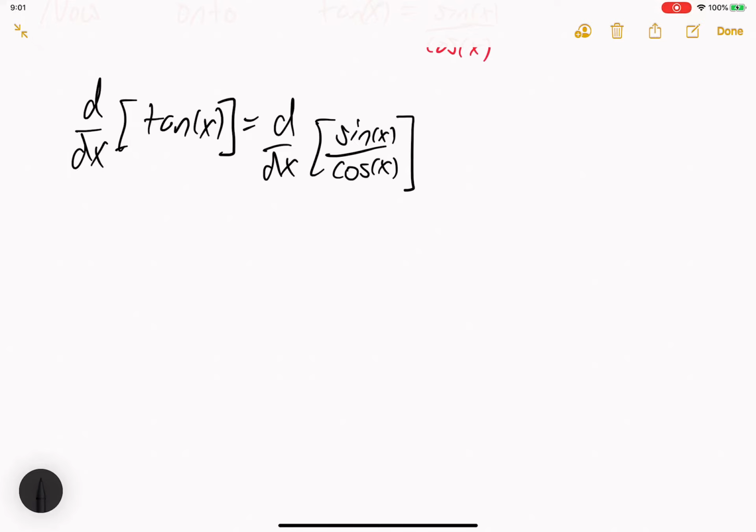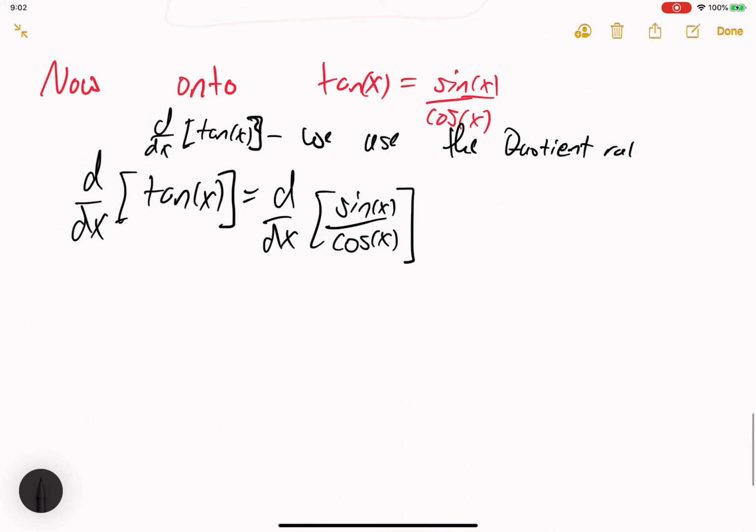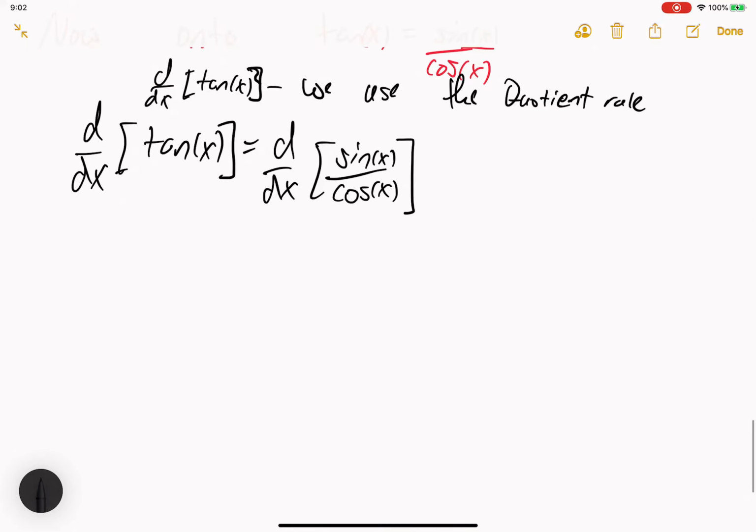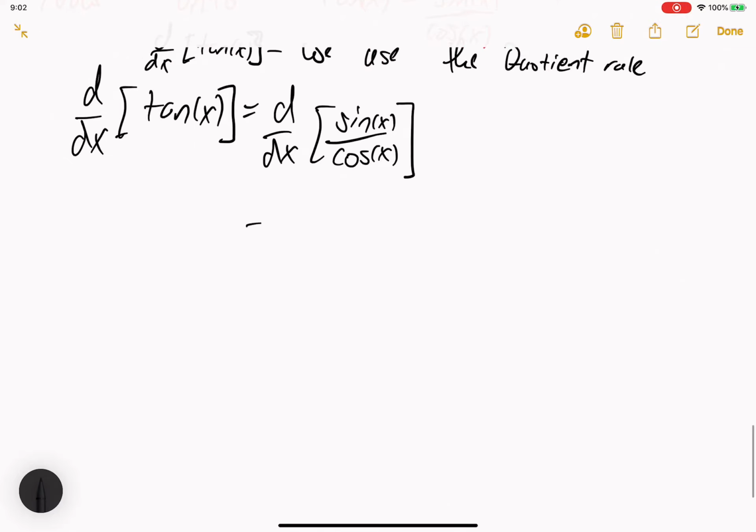But one of the things we just covered was the quotient rule. So, to find the derivative d/dx of tangent of x, we use the quotient rule. So that's actually pretty nice. So, let's actually use that.